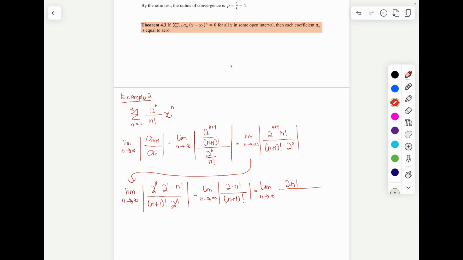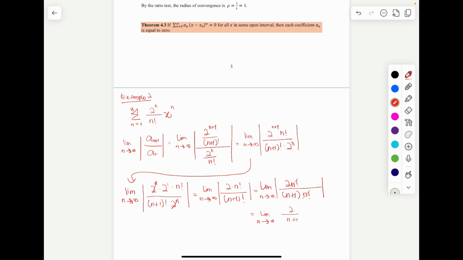If we expand this, it would be n plus 1 multiply with n plus 1 minus 1 factorial, that is just n factorial. Now we have n factorial at the numerator and denominator, so we can directly cancel out. What's left is 2 over n plus 1.